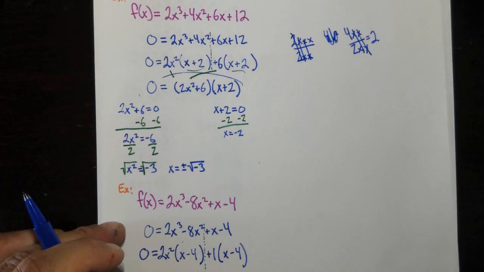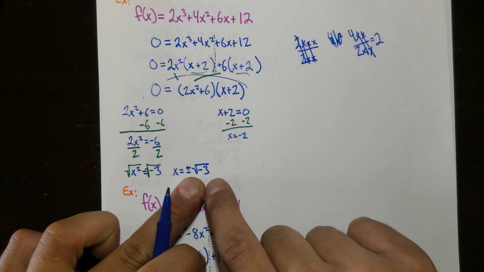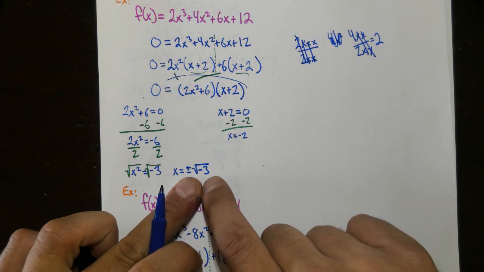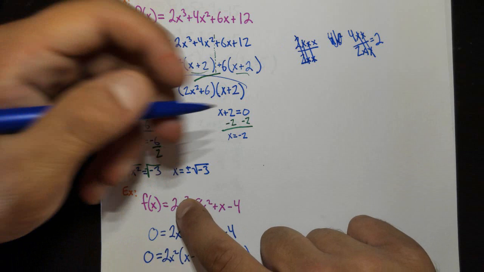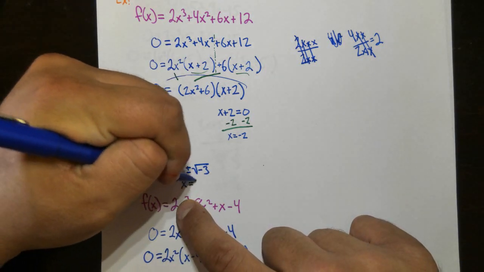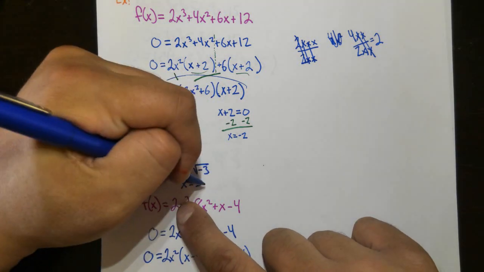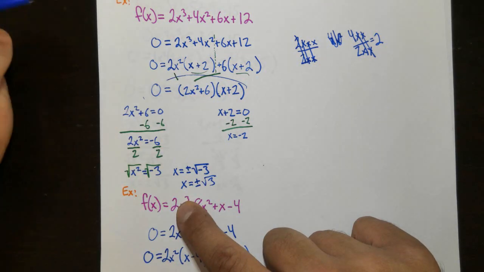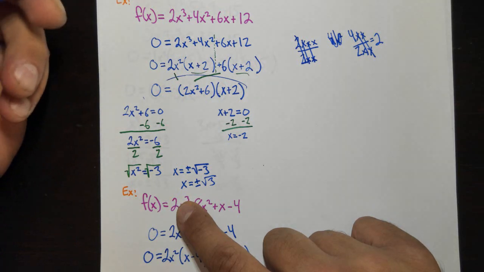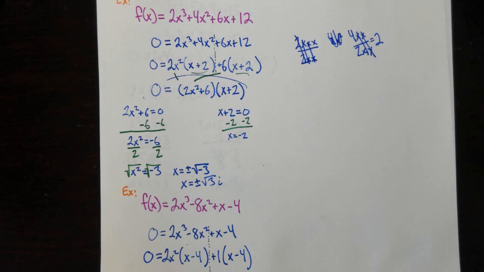So going back to our first example that we did, we had negative 2 plus or minus the square root of negative 3. If you would, just for now, whenever you have a negative under a square root, what you want to do is get rid of the negative, and then outside of the radical, put an i, because it becomes an imaginary number.